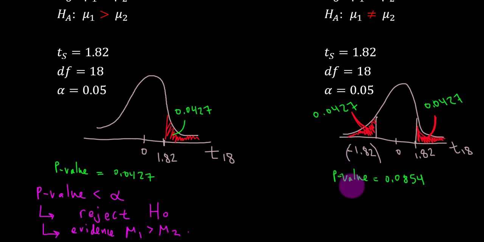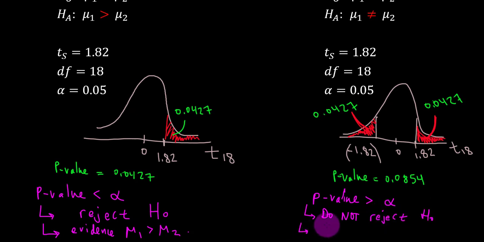Now let's look at our two-tailed or non-directional t-test. To determine our conclusion, again, compare the p-value to alpha. Our p-value is about 0.085. And that is larger than 0.05. In this scenario, we would not reject the null hypothesis.